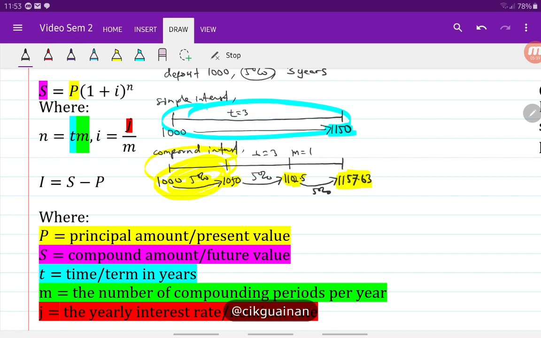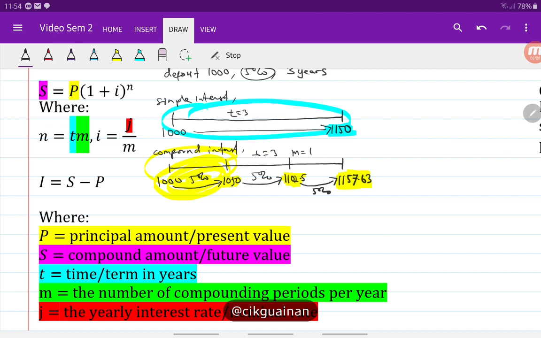There are some other examples where we calculate it more than one time. For example, if the bank offers you a certain rate and they say this rate is compounded biannually, biannually means in 1 year they calculate it for you 2 times, so the M is 2.